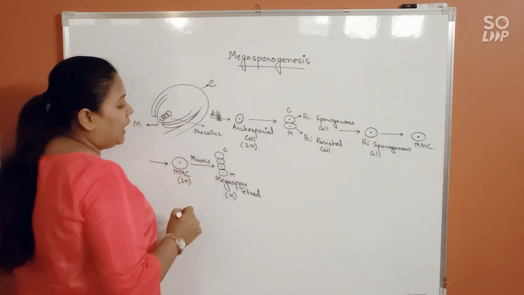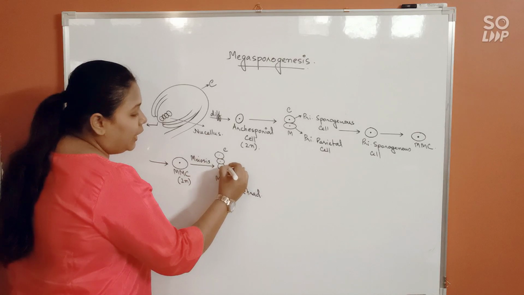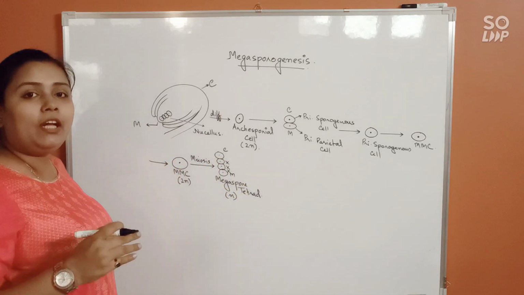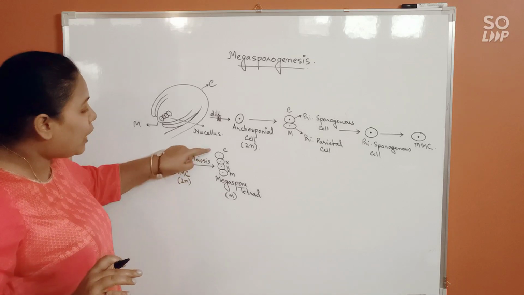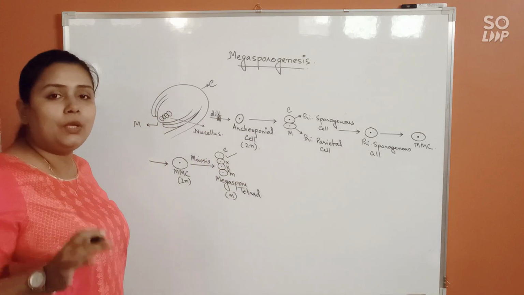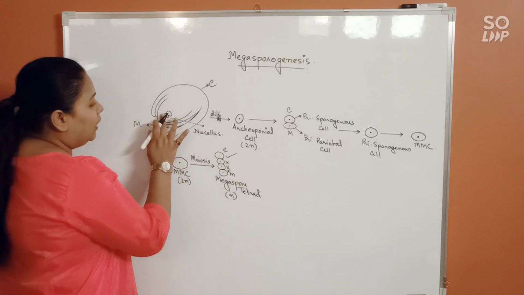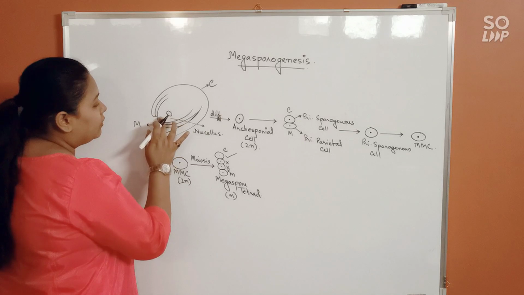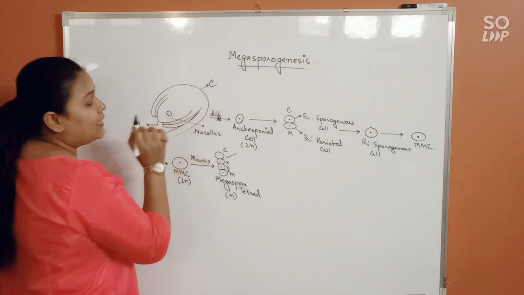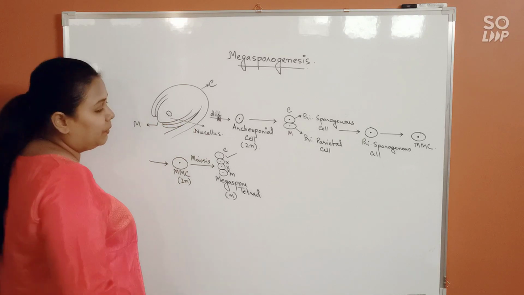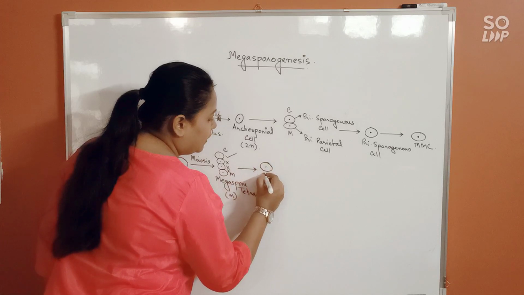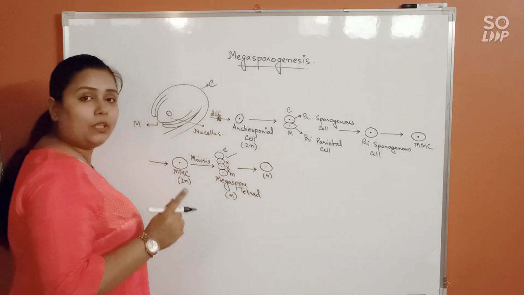Now mostly what will happen, you see, 3 of the megaspores that are towards the micropylar end will degenerate. Only one of the megaspores that is extremely towards the chalaza will survive. That means these 3 will degenerate. Only the one that was towards the chalaza has survived. Understood now? So now, this is the only megaspore that has survived.